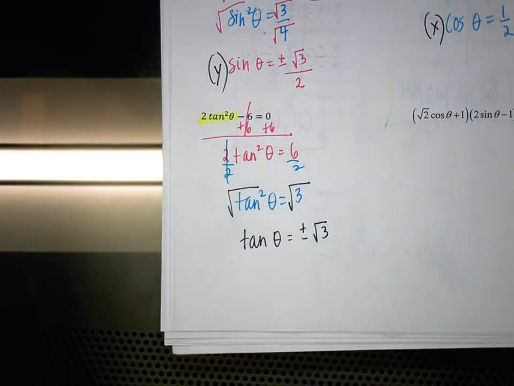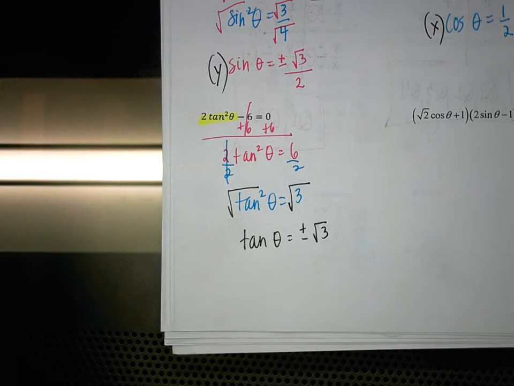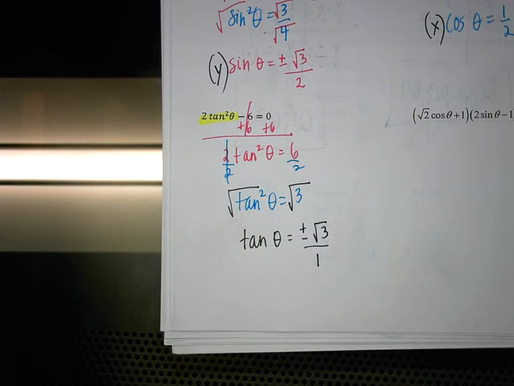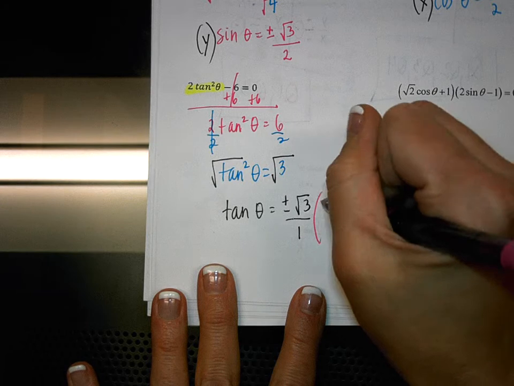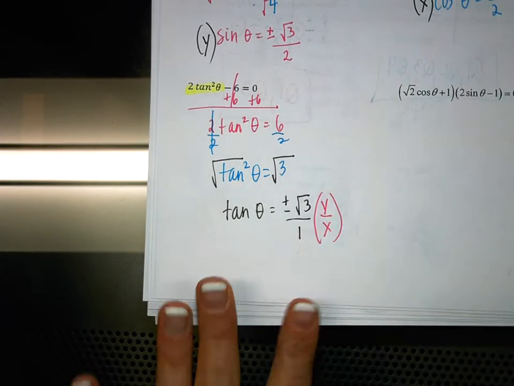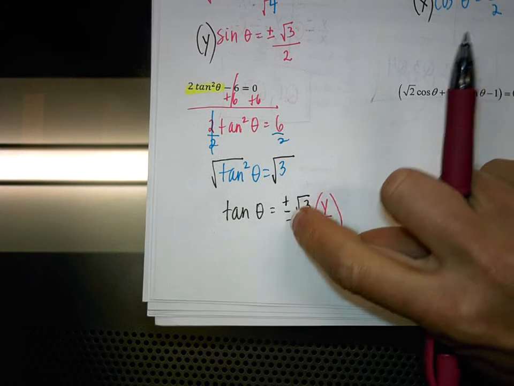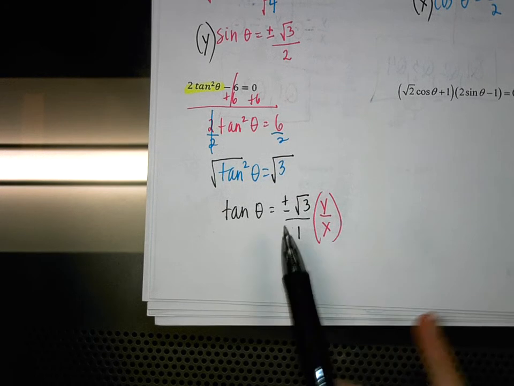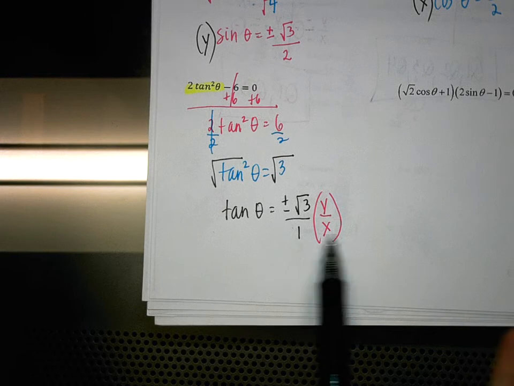And we know that even though this isn't a fraction, we can make it a fraction by putting it over 1. Now tangent is what? Y over x. And we're looking in every single quadrant because it's positive or negative. So we're going to get 4 answers for this one. We're looking for what degree has the y of root 3 and the x of 1.